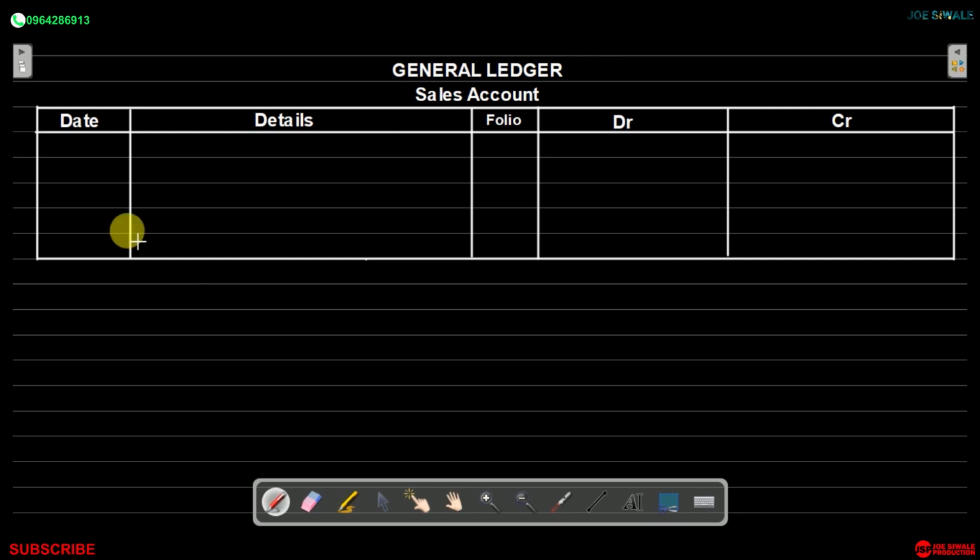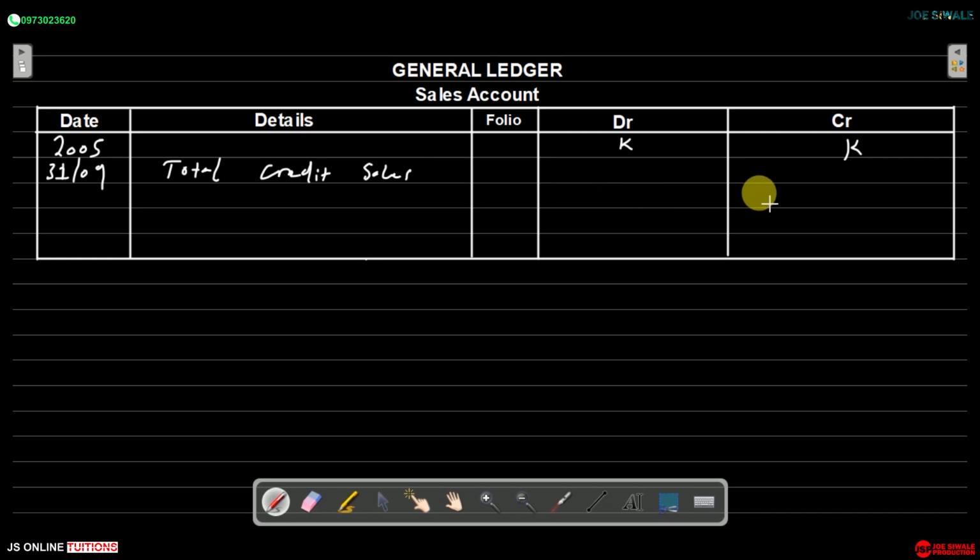So the first thing that we're going to do is to put up our year, that's 2005. Then we have kwacha there. Then we're going to say 1st of September, total credit sales, and that total credit sales is going to be shown on the credit side of the sales account.